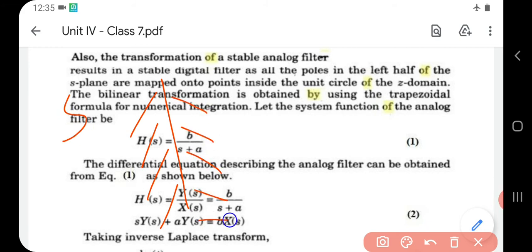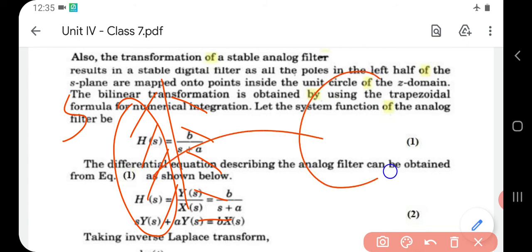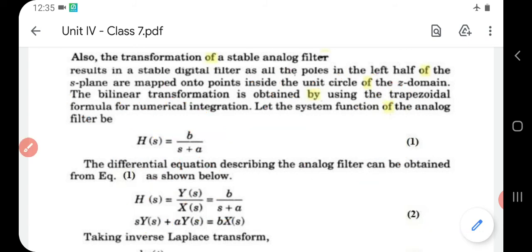All the poles of the left half of the S plane are completely mapped inside the unit circle in the Z plane. So by this mapping, we will get a stable digital filter from a stable analog filter.